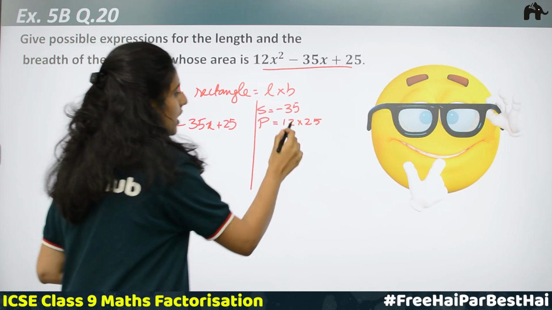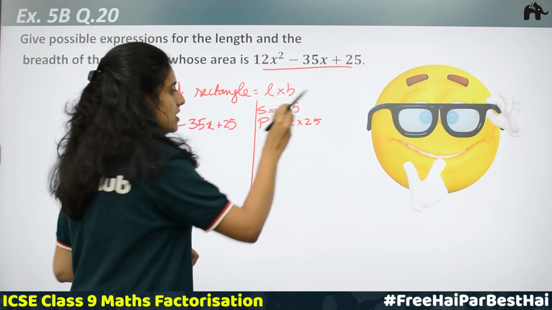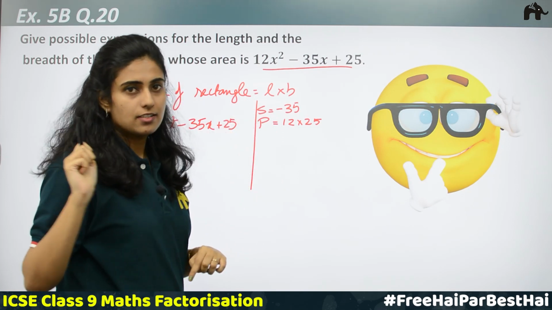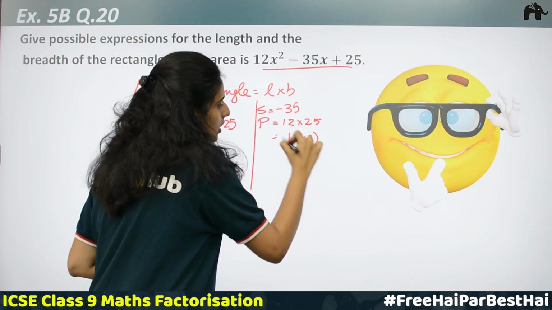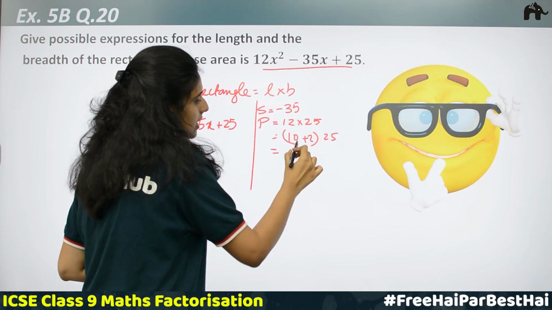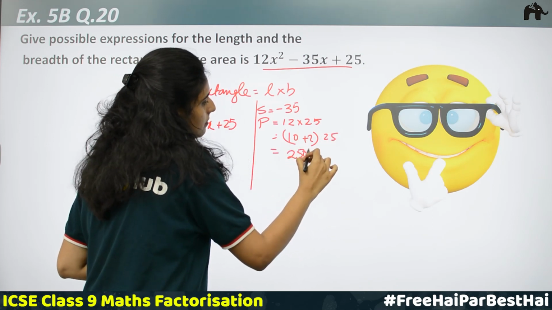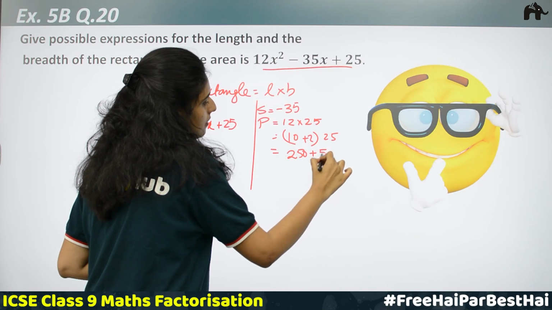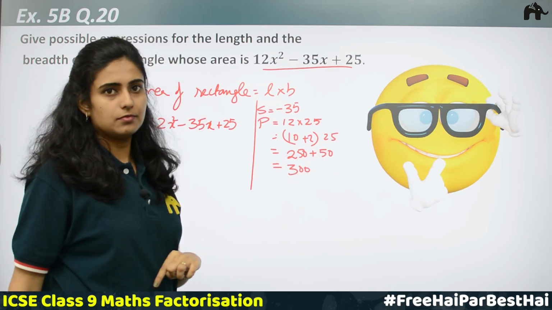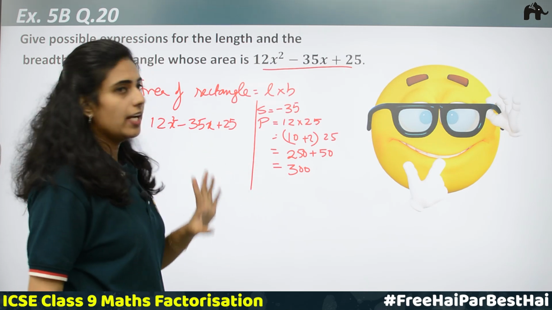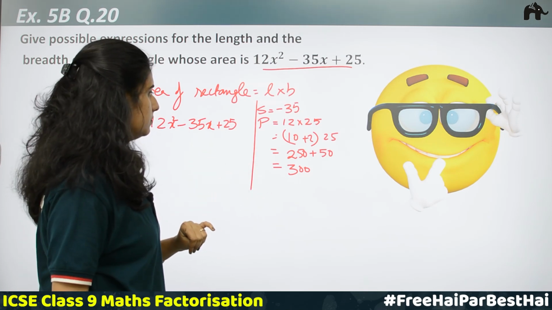So 25 into 12, how much do we get? We can write this as 10 plus 2 into 25, that is equal to 250 plus 50, that is 300. Okay, so you have to get 300.